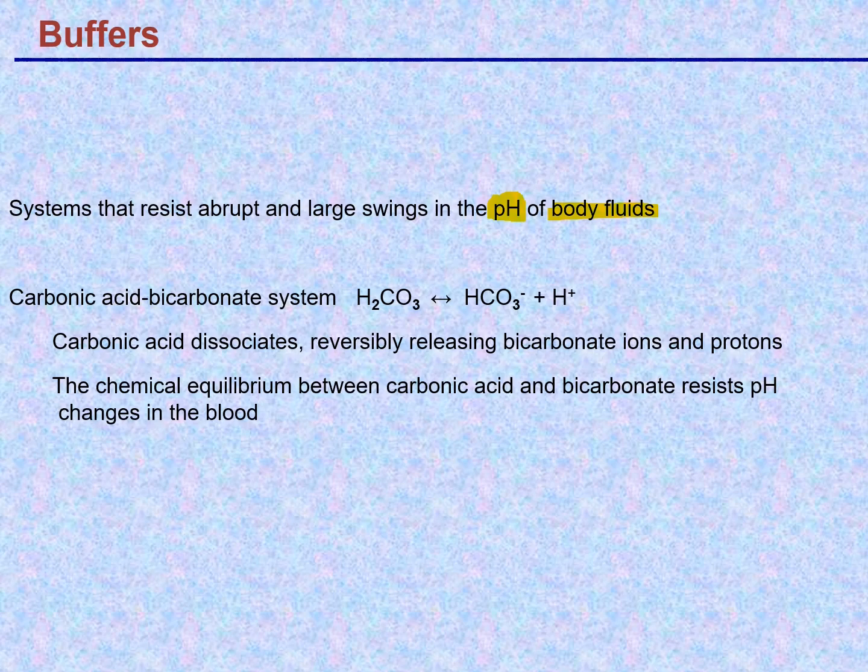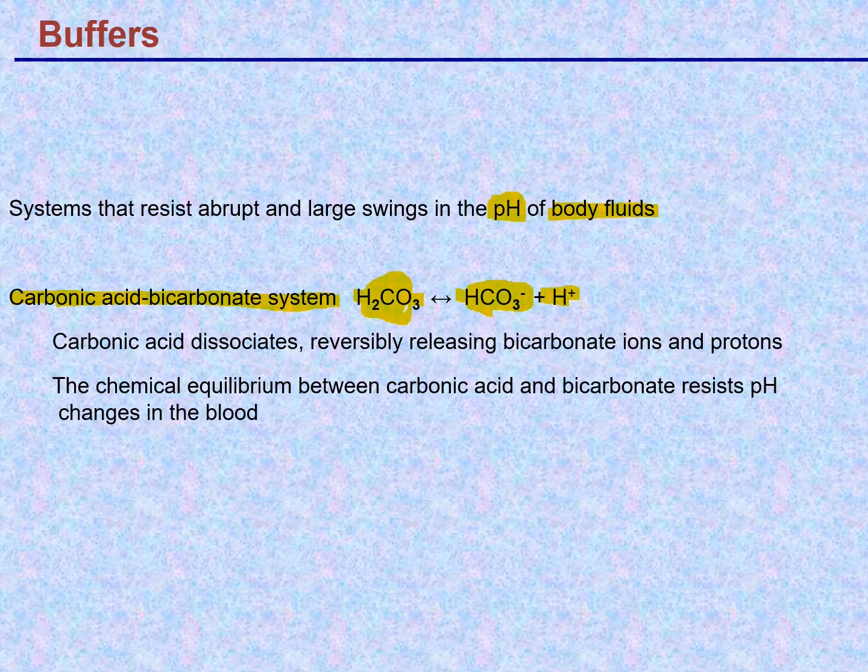But the major buffering system in the body is called the carbonic acid bicarbonate buffering system. HCO3 minus is bicarbonate. This is carbonic acid, and you get a shift between carbonic acid and bicarbonate and hydrogen ions.